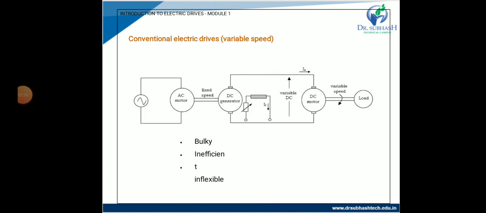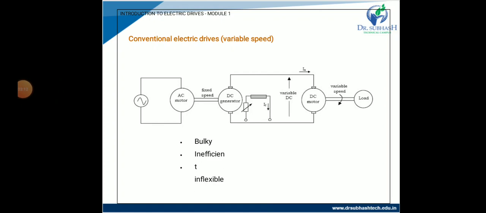So we can get variable DC, which is given to the DC motor, and we achieve variable speed for the load. But in this system we require an AC motor, a DC generator and a DC motor. From the DC generator to the DC motor, some circuits are required for variable DC. So it is very bulky, inefficient and inflexible, and for that we have to switch to modern electric drives.